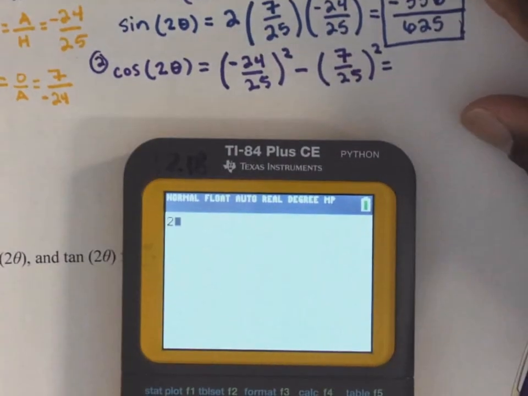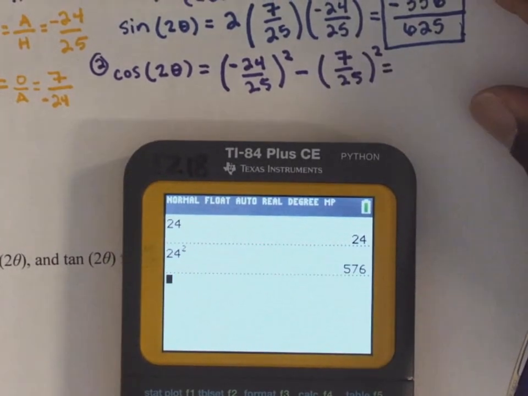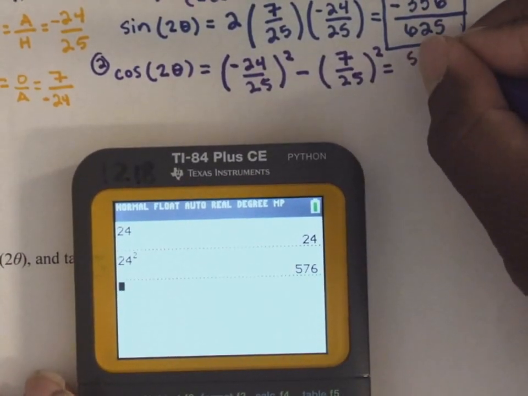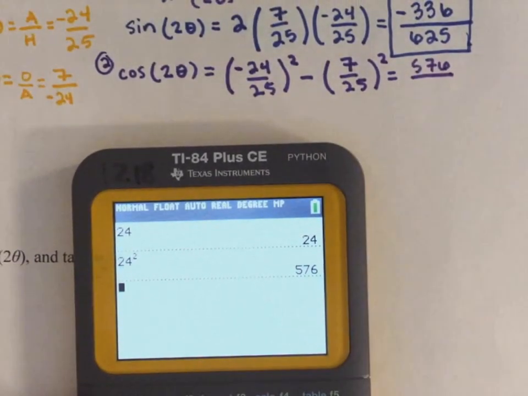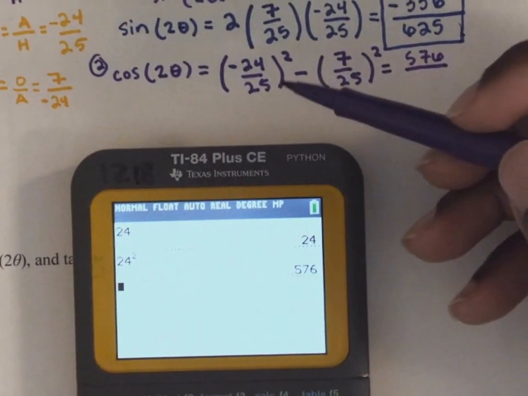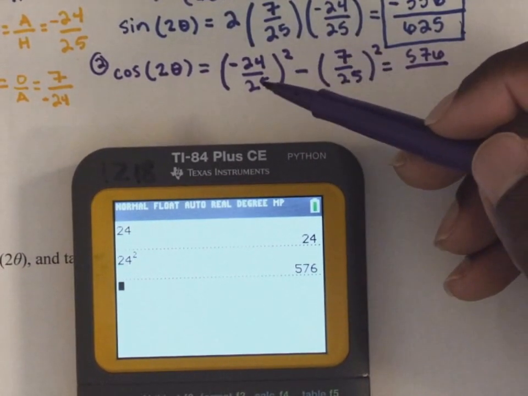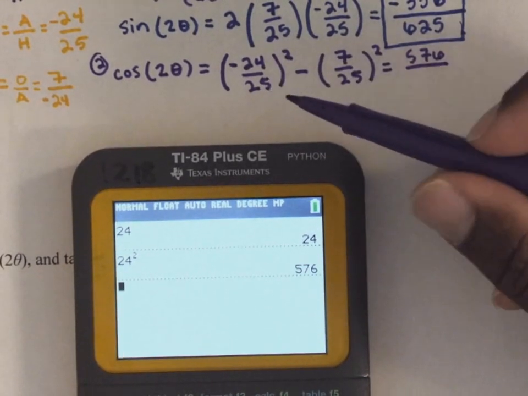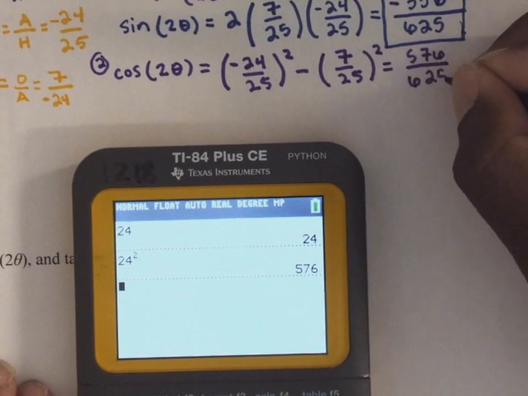Negative 24 squared, or just 24 squared, because it's going to come out to be positive, gives me 576. On the bottom, I have 25 squared. And just remember, whenever you square a fraction, you square the top number and you also square the bottom number. So here I would do 25 squared. We already did that, didn't we? 625.